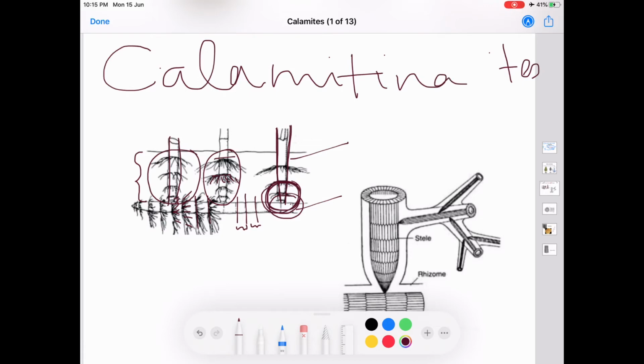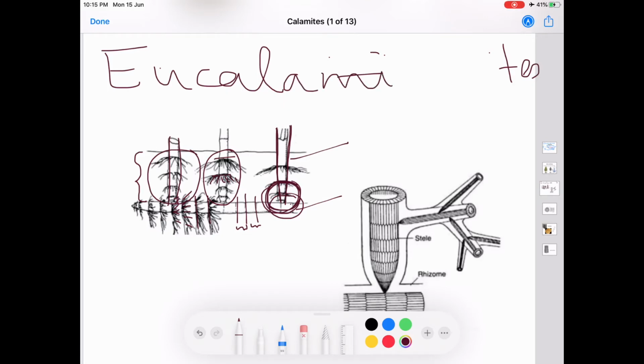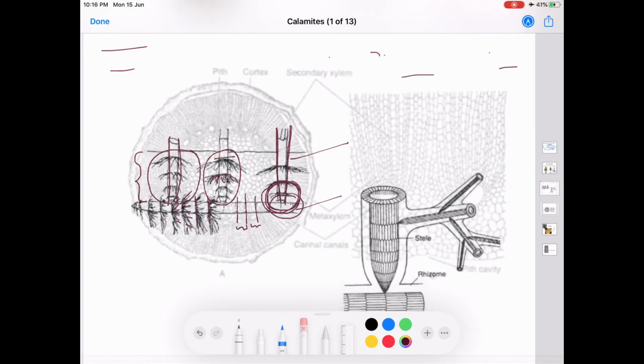In Calamitina, whorls of branches are present only at certain nodes. And the third one is Eucalamites. In this, the branches are borne at every node. Thus, there are three different types of Calamites, based on the branching pattern of the tree.